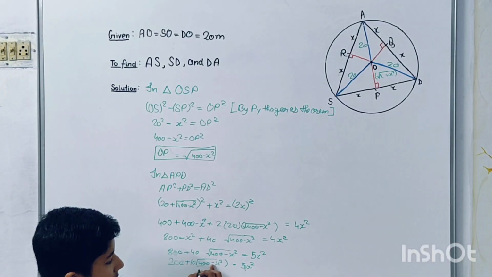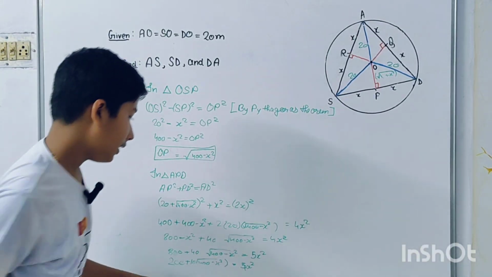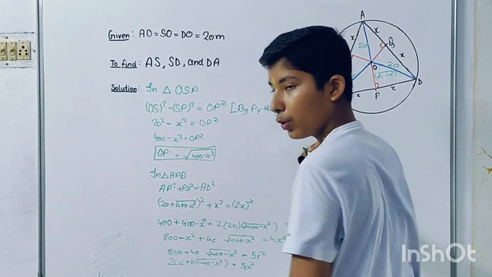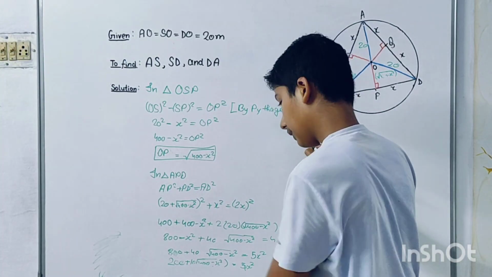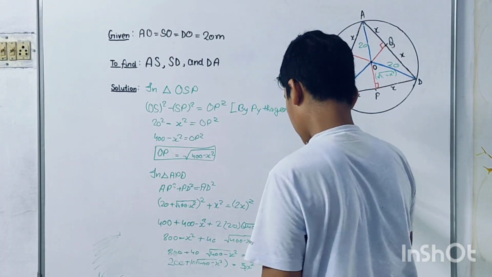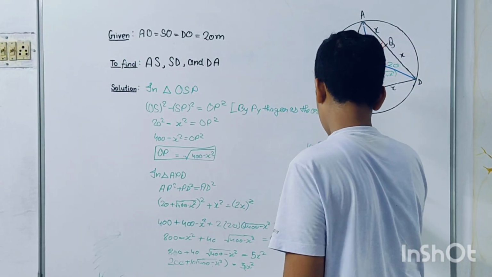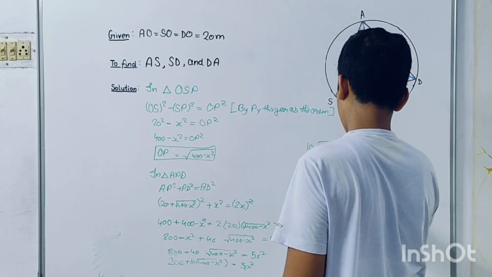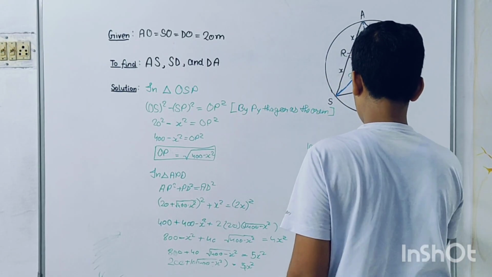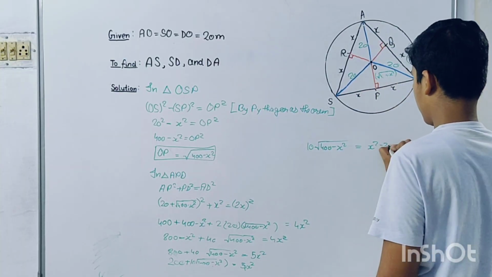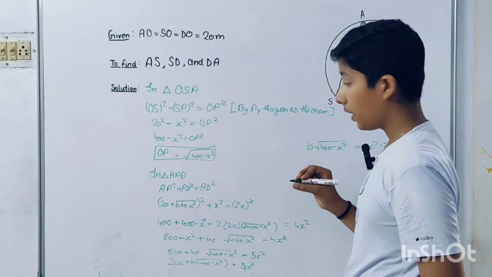Now I'll write over here, this was equal to x square. So this 200 will be going there. 10 root 400 minus x square equals x square minus 200. So squaring both the sides.